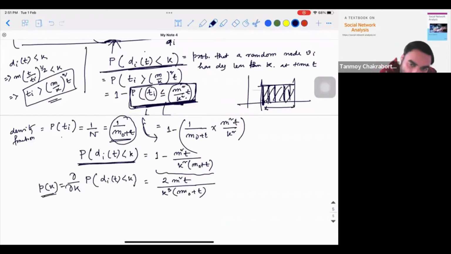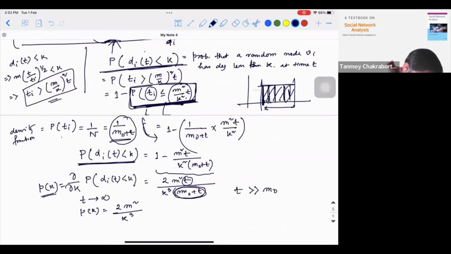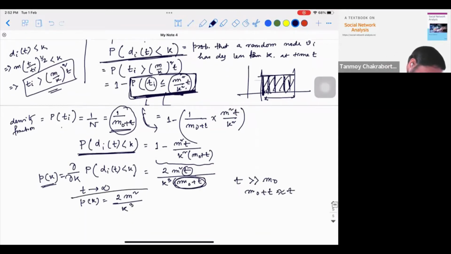This is non-cumulative. Okay, so as t tends to infinity, what would happen? pk would be the same as 2m square by k cube, because in that case t would be very much greater than m0, right? So m0 plus t would be t. So we get this one.